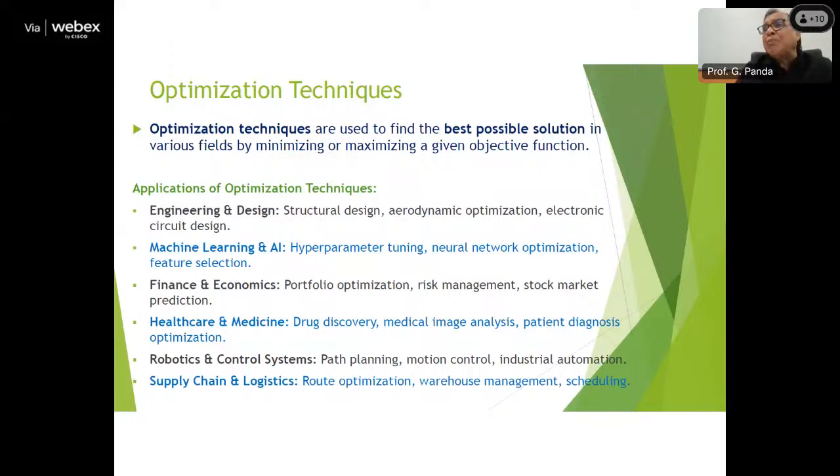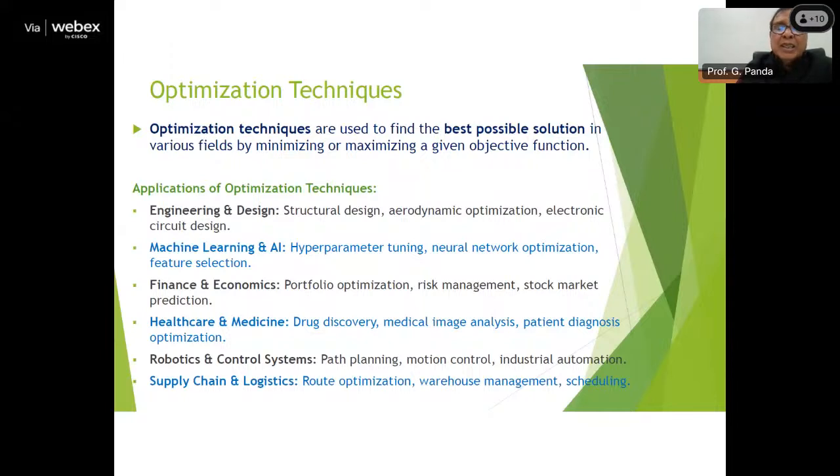I'll give an example of portfolio management. Please listen carefully. For example, you have been given 100 rupees and you have to invest in different schemes. Mutual fund, put in the locker, put in some share market.